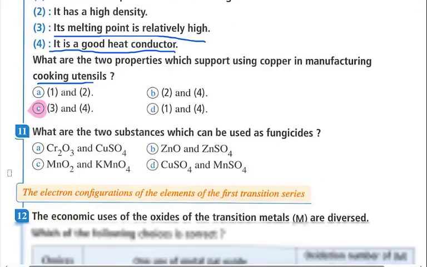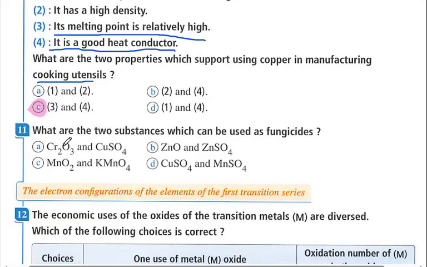Let's have another question. What are the two substances which can be used as fungicide? The fungicides in our curriculum are potassium permanganate, copper sulfate, and manganese sulfate. Here there is no copper sulfate, no manganese sulfate, wrong. Chromium 3 oxide is used in dyes, not as a fungicide, so it is not correct.